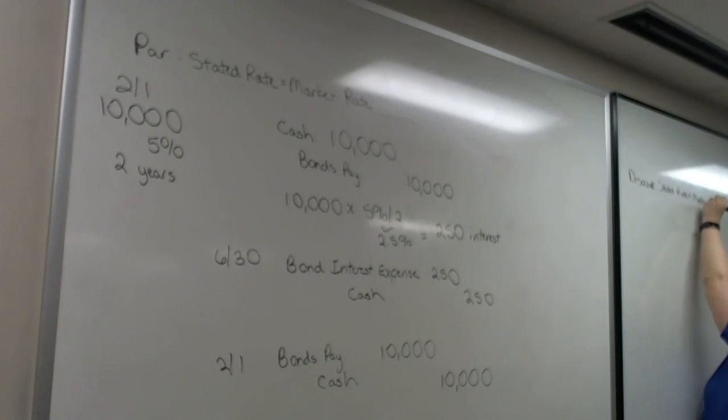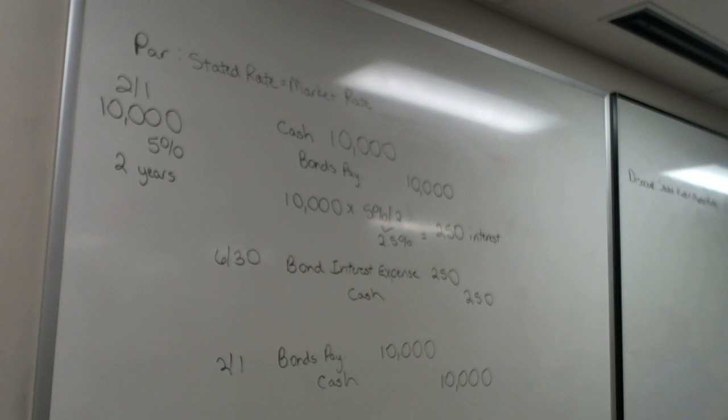And you may hear it called, instead of stated rate, the contract rate, same word. Okay, so we discount a bond when the interest we're offering is less than the market rate. So we're paying them less interest over the life of this bond than what the current market is. So we're going to discount it to make this bond more attractive.